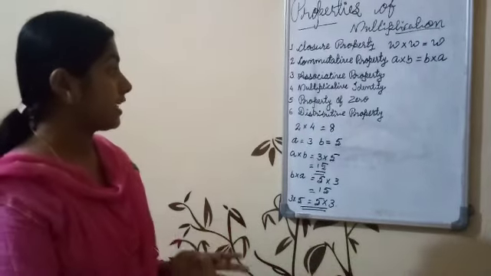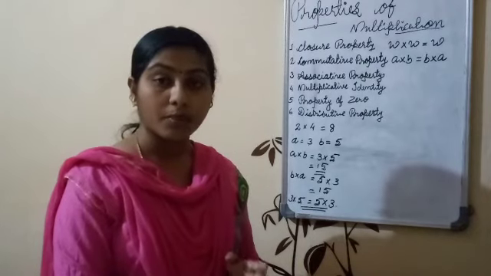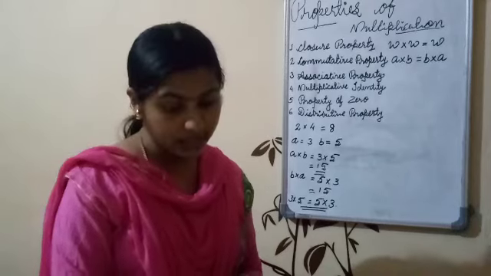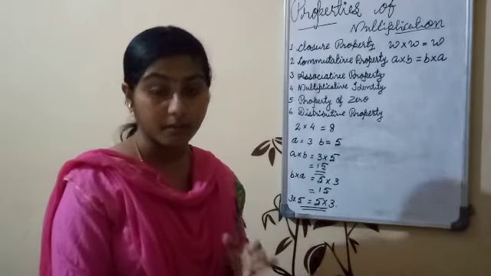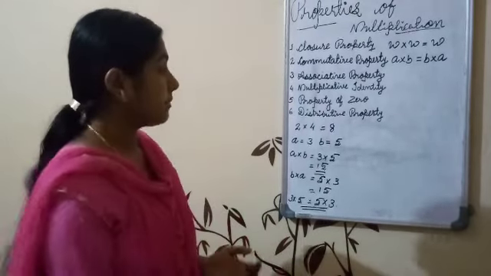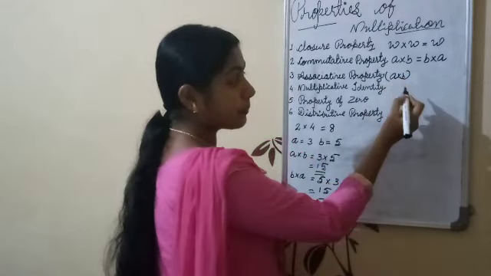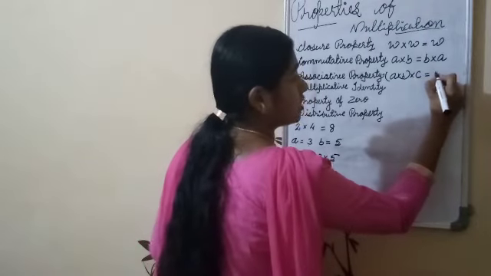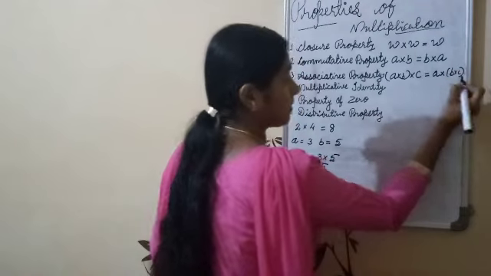And the next property, associative property. If a, b and c are three whole numbers, the change in grouping of those numbers while multiplying does not change the result. That means (a into b) into c equal to a into (b into c).